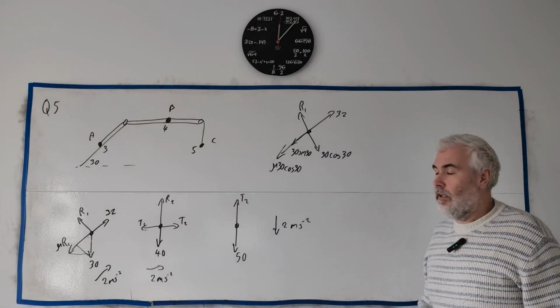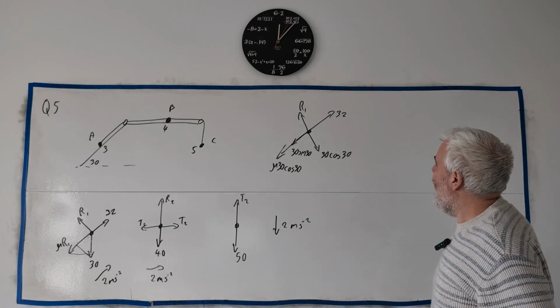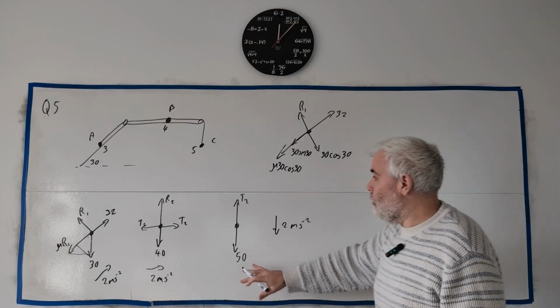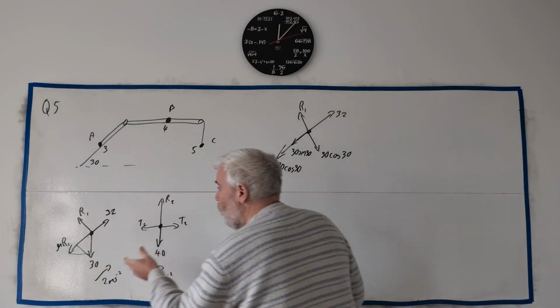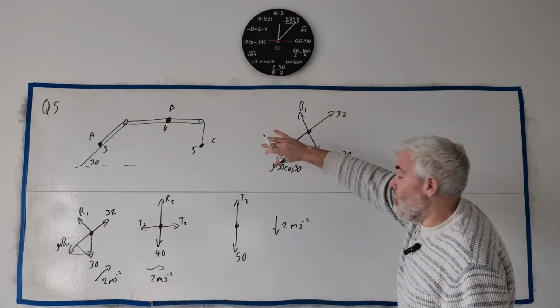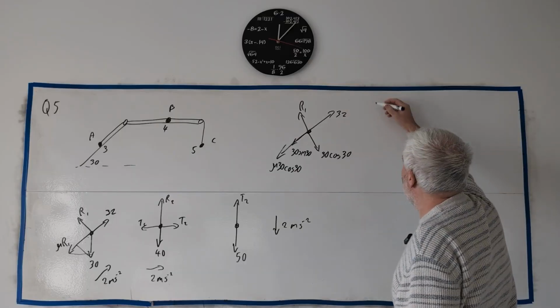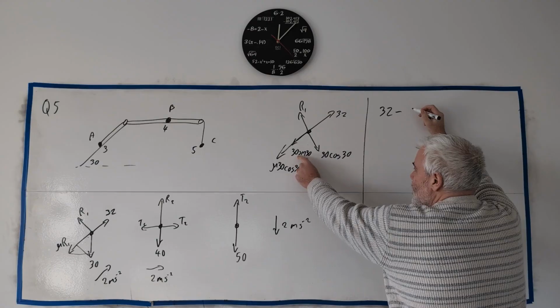Bit of a mess there. Hopefully you followed along with what I did there. The same thing we did here earlier. We know the acceleration of this whole system. So if we know all the forces on this system, they must be pulling this guy up. So the forces in this system must be 32, take away 30 times sine 30.